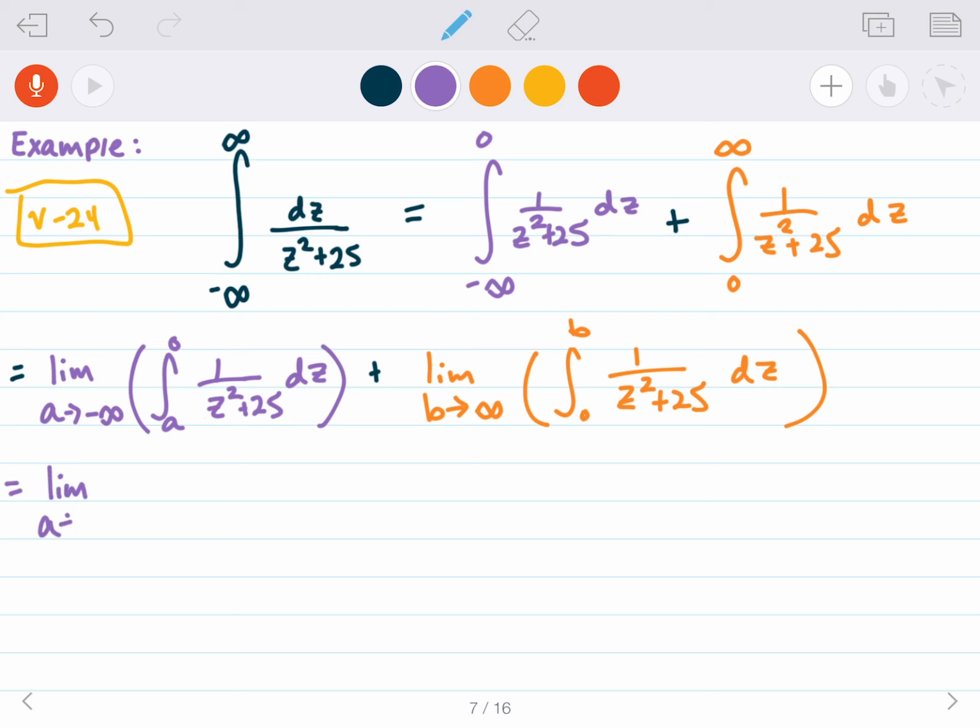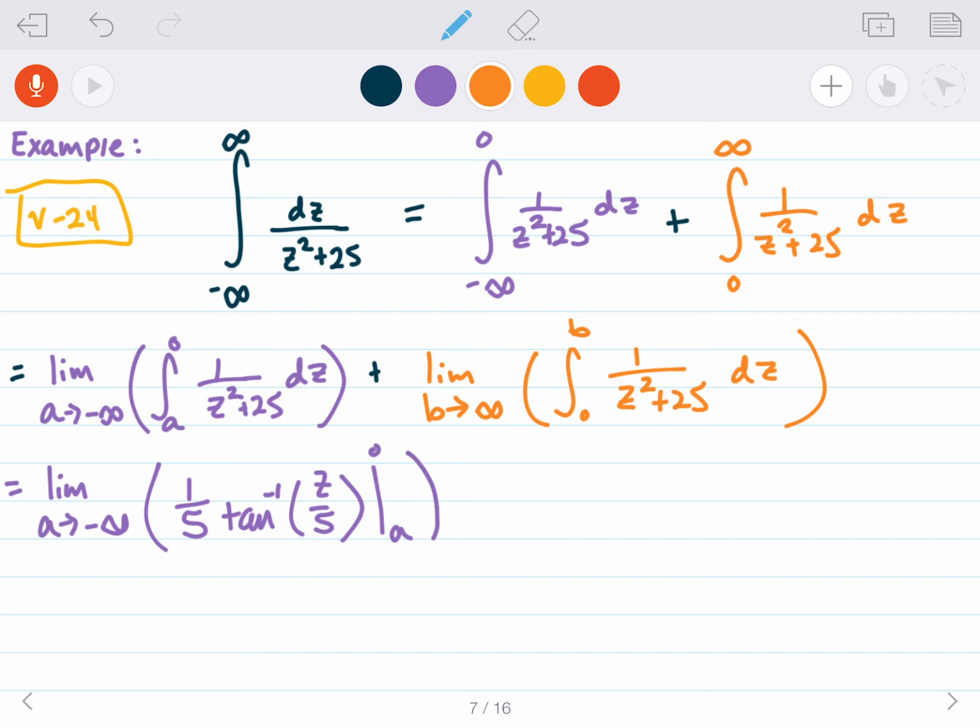We have the limit going to negative infinity, and the integral, when I evaluate this, I get 1 over 5, because a is 5, tan inverse of z over 5. And I'm going from a to 0 here.